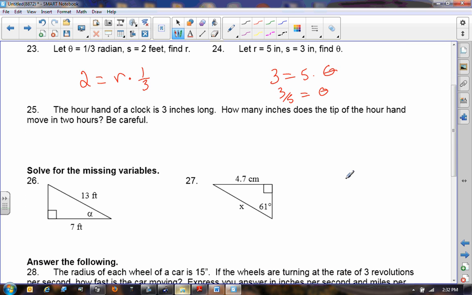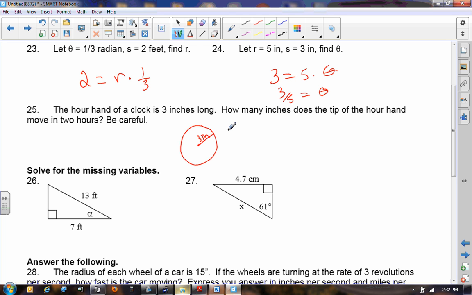Hour hand on a clock is 3 inches long. How many inches does the tip of the hour hand move in 2 hours? All right, so you have a clock. Hour hand, 3 inches.